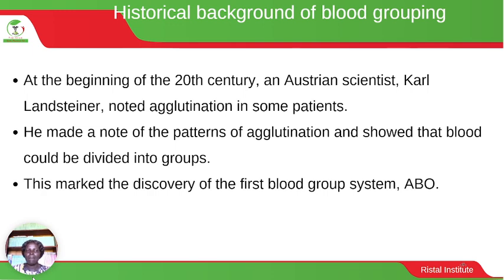He observed that there was clamping of blood in some of the patients. He made a note of the patterns of agglutination and showed that blood could be divided into groups. Something came into his mind: if there is this kind of clamping together, then likely there is something behind it, and the blood is divided into groups.